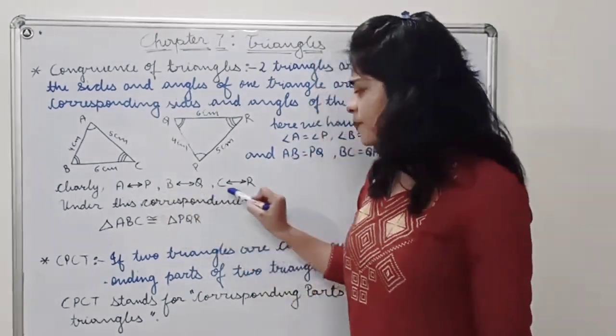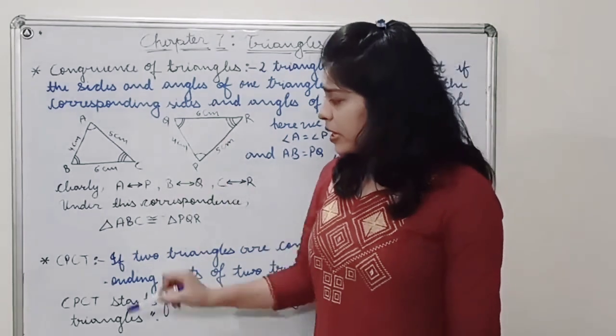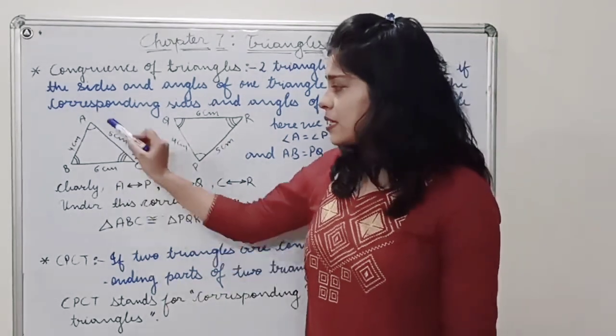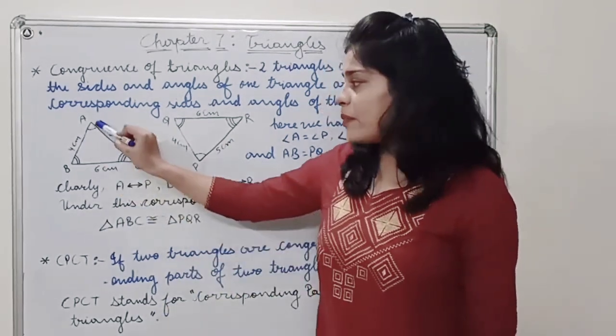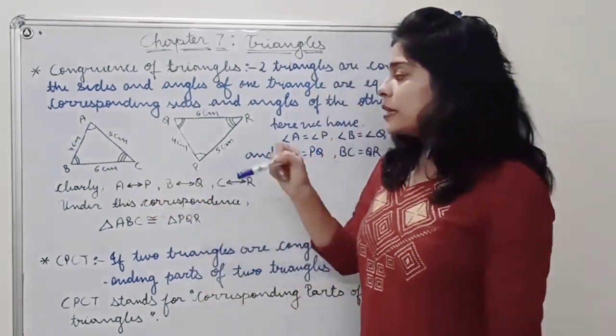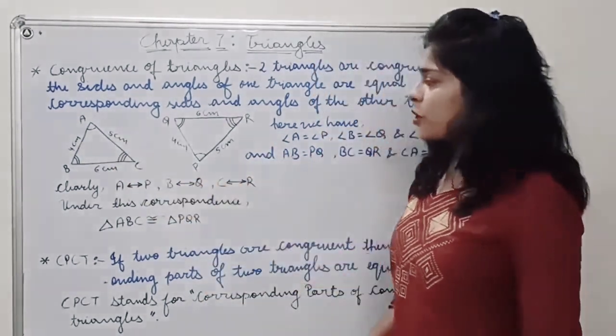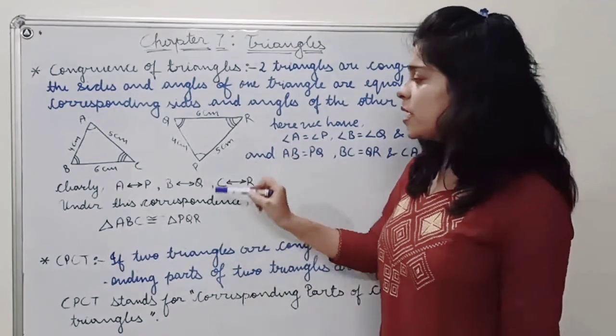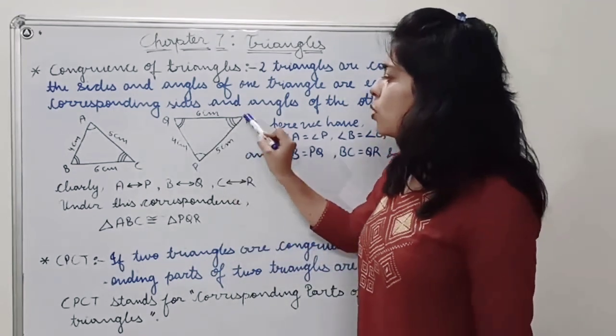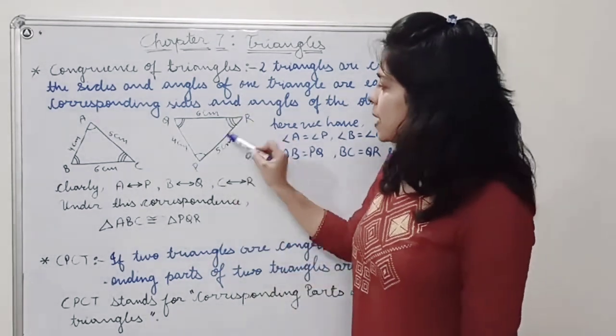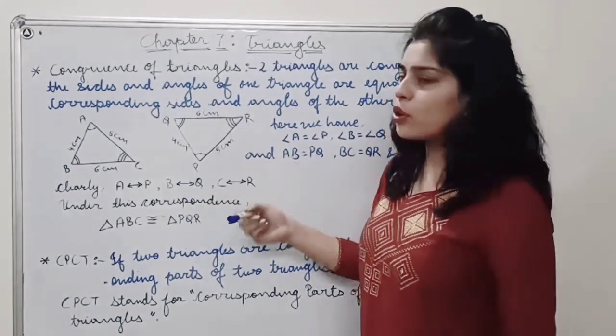So under this correspondence of the vertices, we can name this triangle as ABC. If I am naming the first triangle as ABC, then under the same correspondence, the name of the other triangle will be triangle PQR, not PRQ or QPR or whatever.